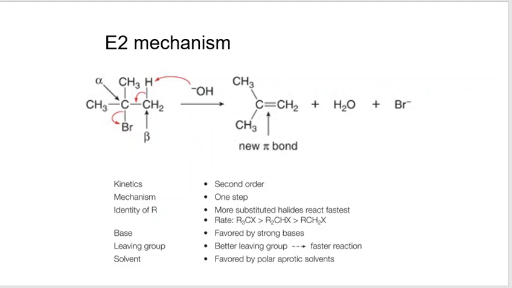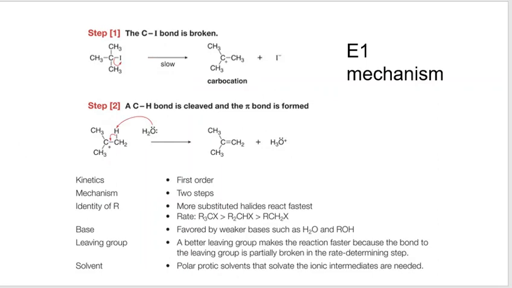The second method, you might guess, is 2 steps. It's an E1 mechanism, kind of like SN1, and also similar to SN1, a carbocation is formed as the intermediate. It also has first order kinetics. That first step is the same as an SN1 step.